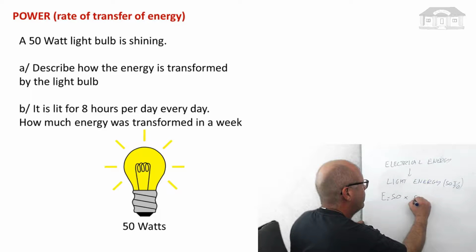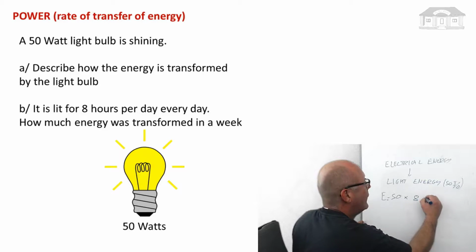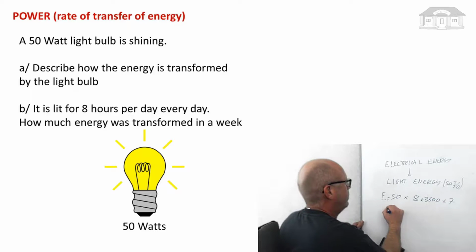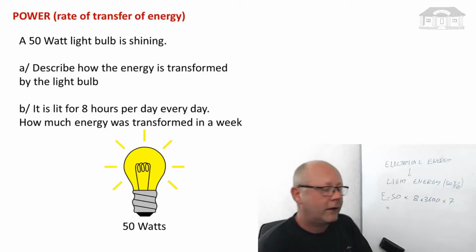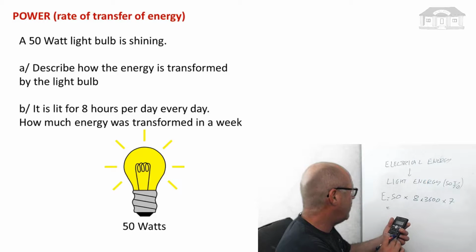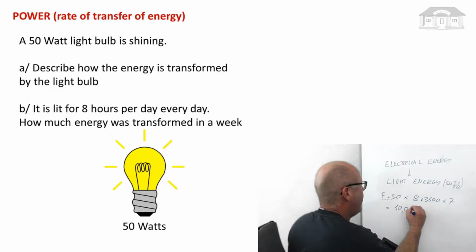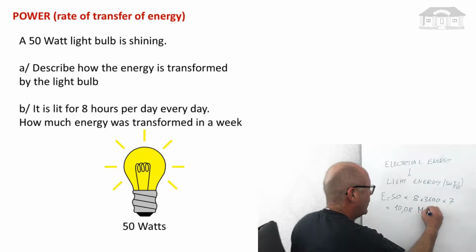So 8 hours, and how many seconds in 1 hour? 3,600. And we did this for 7 days. If I calculate this, it's 50 by 8, by 7, by 3,600. Yes, 10.08 million joules, so megajoules.